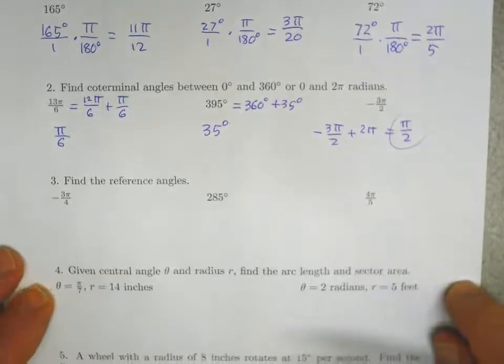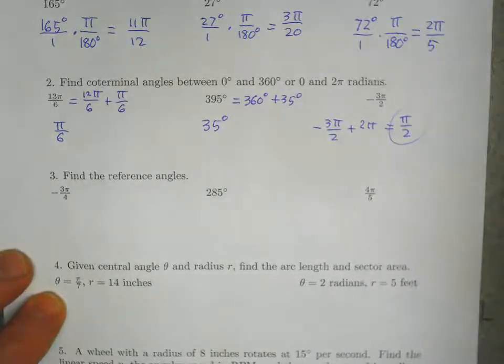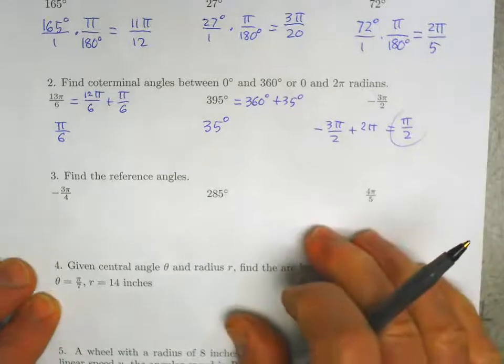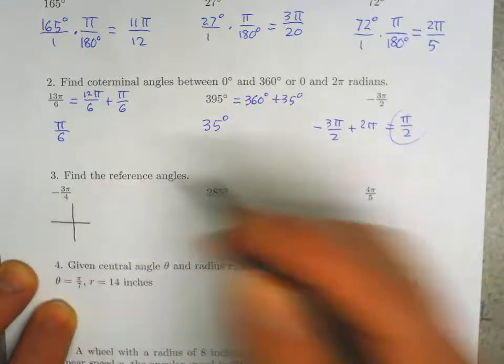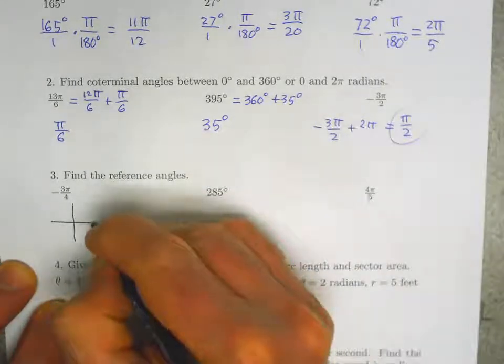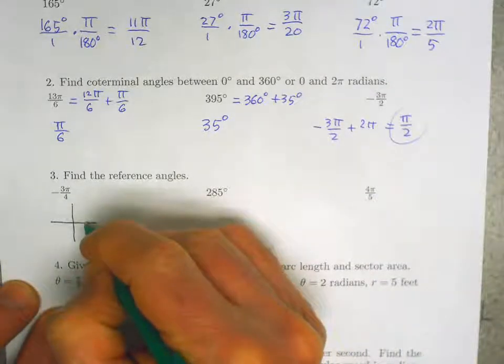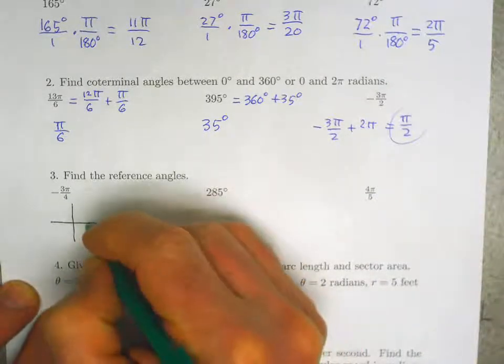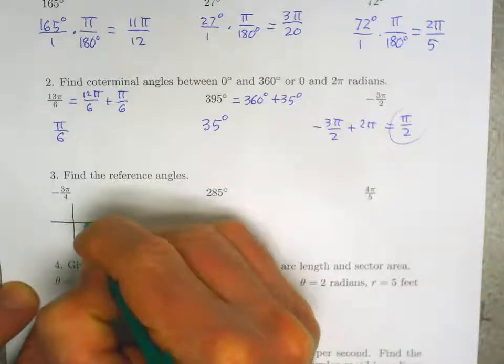The next exercise, find the reference angles. Negative 3 pi over 4. Well, if we were to draw this as a winding angle, negative 3 pi over 4, we move clockwise.